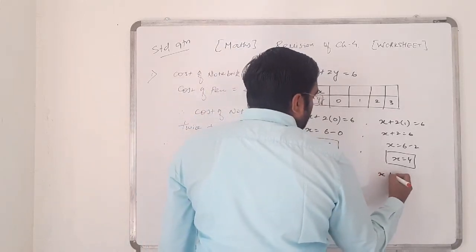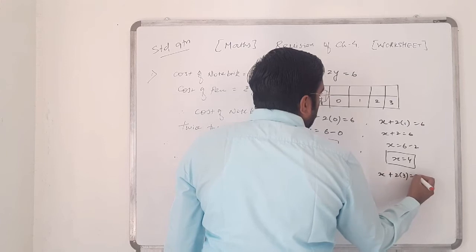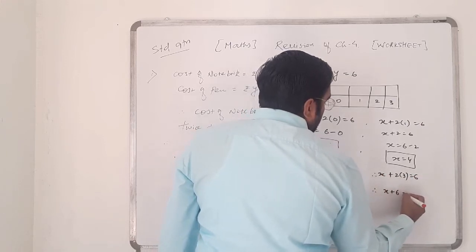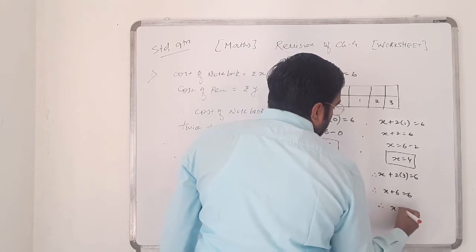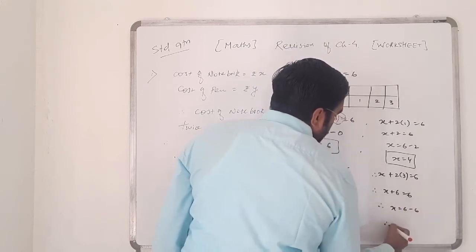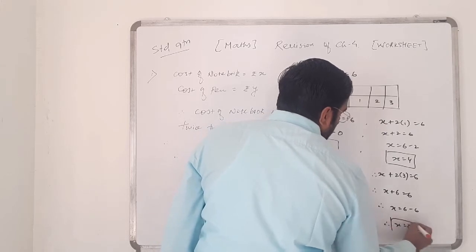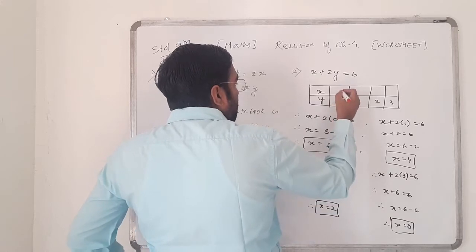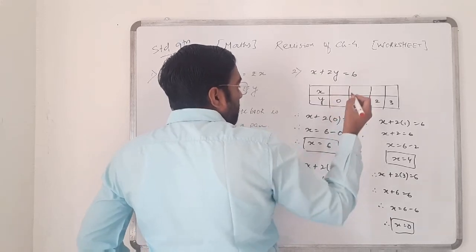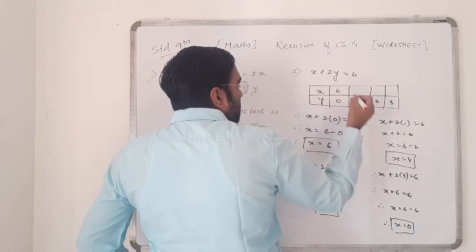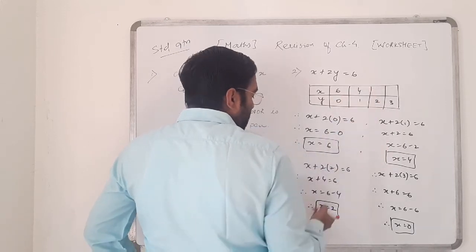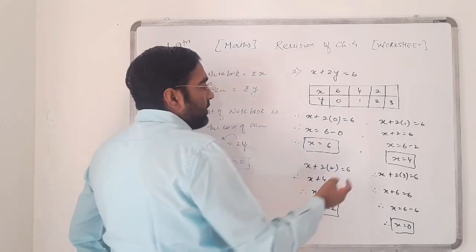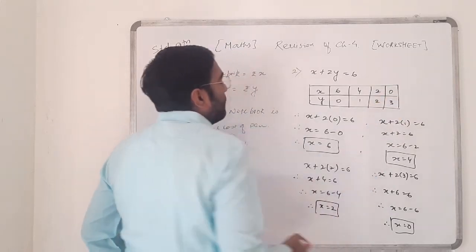And the last one, x plus 2 into 3 equal to 6, so x plus 6 equal to 6, so x equal to 6 minus 6, so x equal to 0. In the first one, the value of x is 6. In the second one, the value of x is 4. In the third one, the value of x is 2. And in the last one, the value of x is 0.